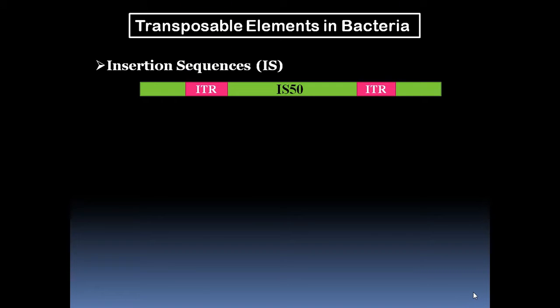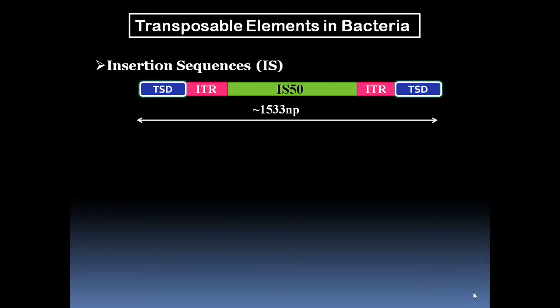Besides it, they have the terminal inverted repeats, that are the inverted sequences of 9 to 14 nucleotide pairs. The common example is the IS50 element, which has a length of approximately 1533 nucleotide pairs.